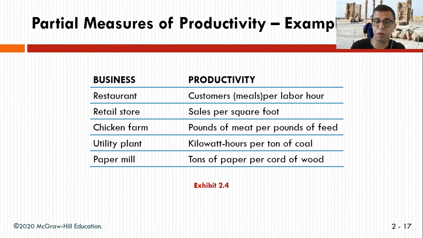Different businesses have different ways of measuring. For a utility plant, kilowatt hours per ton of coal, or per whatever the input is. For paper mills, tons of paper per cord of wood. These are all business setups that show you the partial productivity.